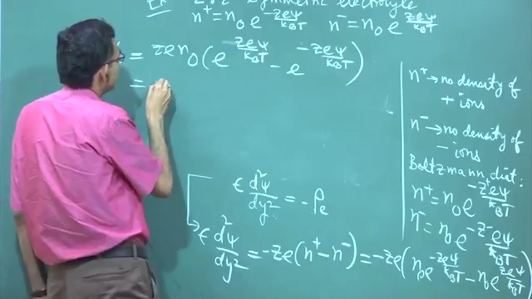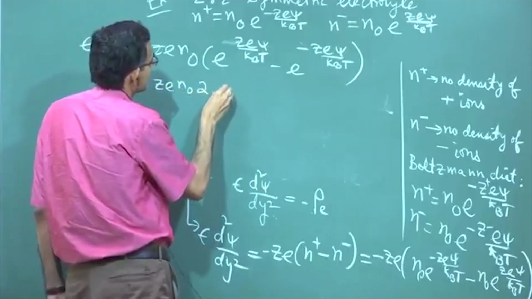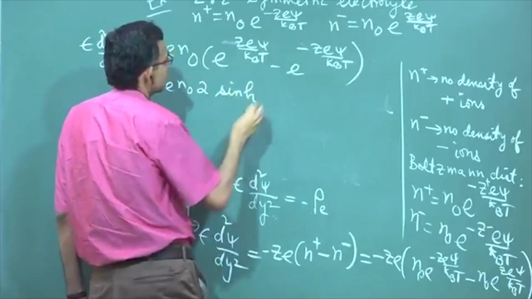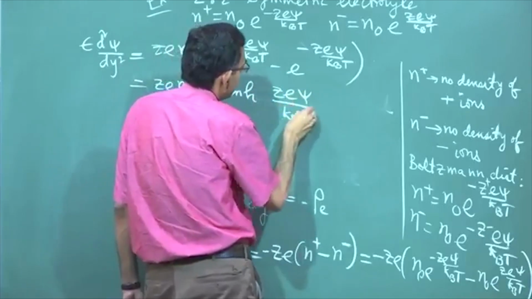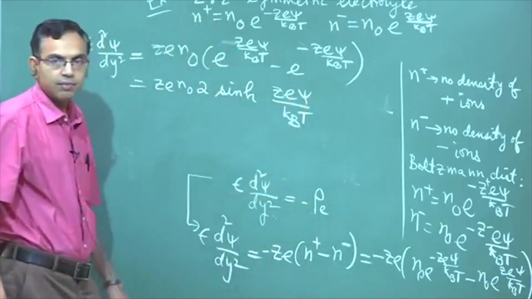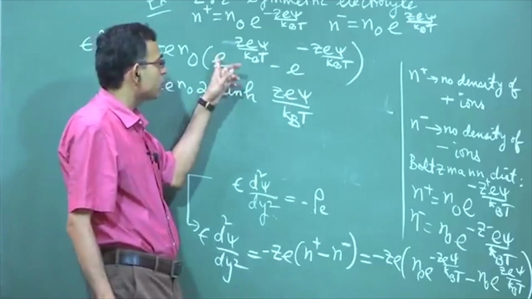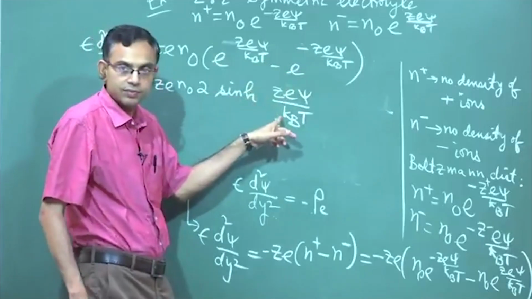So, this by definition is sin hyperbolic x, which is e to the power x minus e to the power minus x by 2. So, e to the power x minus e to the power minus x is 2 sin hyperbolic x, that is what is written.